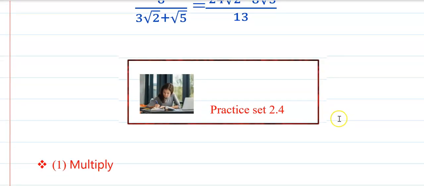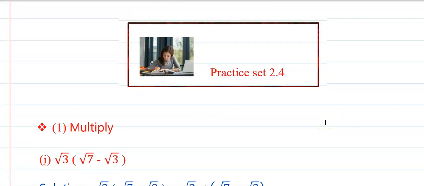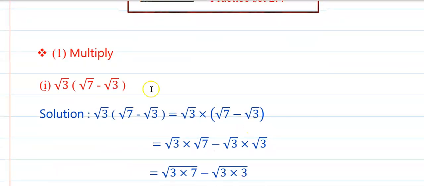Now we will see practice set 2.4. It's again very simple. Repeated problems are there. Multiply: root 3 in bracket root 7 minus root 3. We will multiply this root 3 with the terms in the bracket. Root 3 into root 7, and root 3 into root 3.